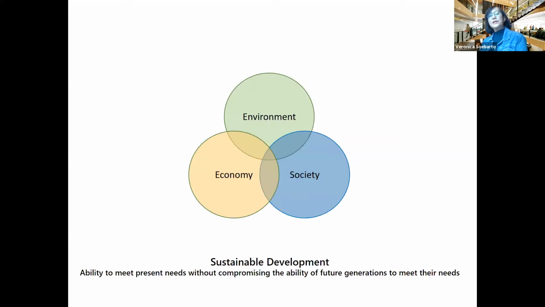What is sustainable architecture? Well, I think talking about sustainable architecture cannot be separated from the term sustainable development, which I'm sure most of you also know about. I don't want to go back to the history of that, but I'd like to use the term that is often quoted, the most official definition of sustainable development: the ability to meet the present needs without compromising the ability of future generations to meet their needs.